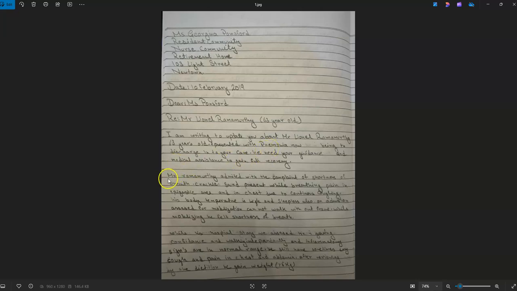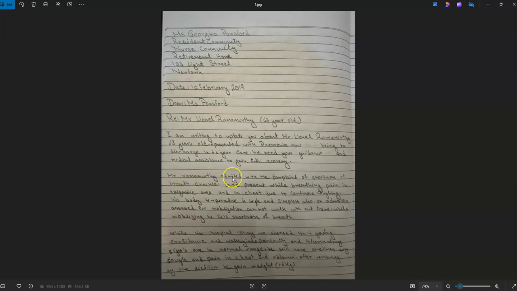Okay, now Mr Ramamurti was admitted, so it should be passive. He didn't admit himself. You don't need to put all this. You could just say with pneumonia. You could simply say that, that would be sufficient.